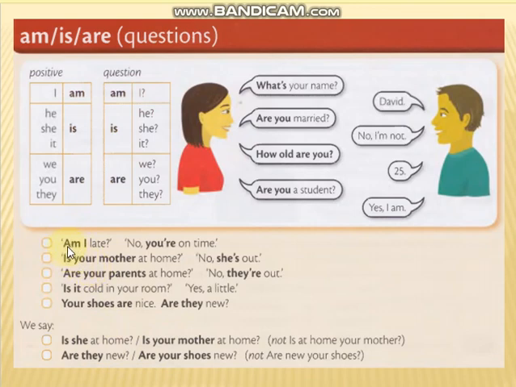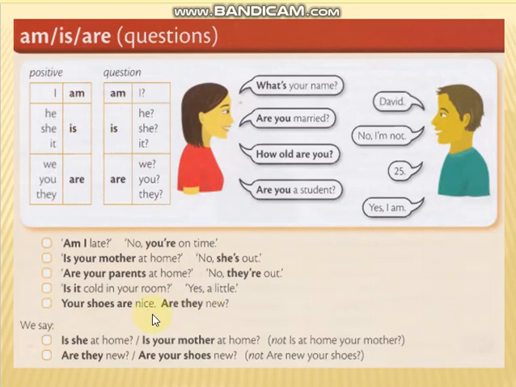Am I late? No, you are on time. Is your mother at home? No, she's out. Are your parents at home? No, they're out. Is it cold in your room? Yes, a little. Your shoes are nice.